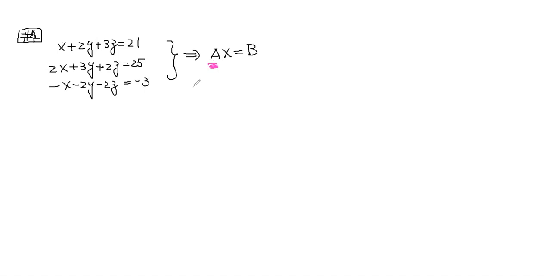Matrix A is just the coefficients in front of each variable. I'm going to color code here. For the first equation it's 1, 2, 3. The second one here is 2, 3, 2. And the third one is negative 1, negative 2, negative 2. That is my matrix A.